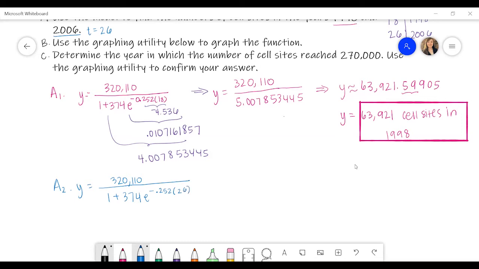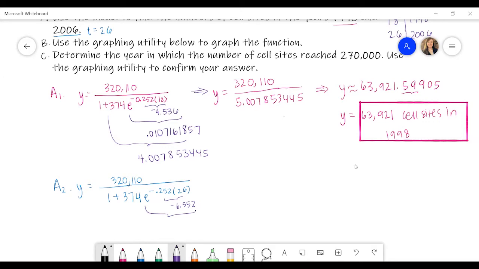This is a 26 this time. So this time when we multiply, we get a negative 6.552, and we want e to that answer.